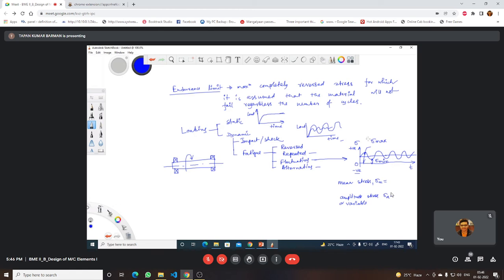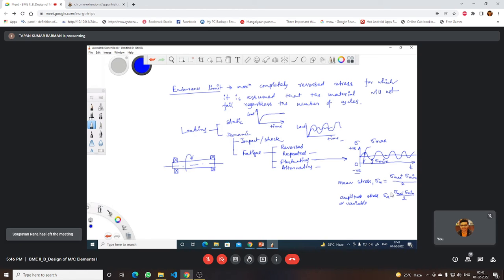So what is mean stress? Mean of sigma max plus sigma min, divided by 2. Variable stress is basically maximum stress minus minimum stress, divided by 2. So this is for fluctuating loading.